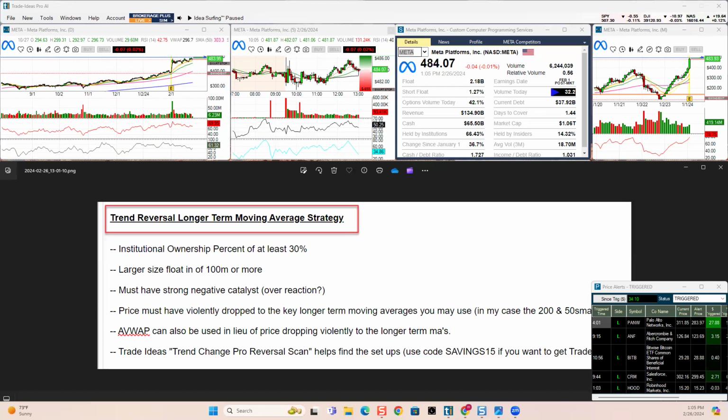But this trend reversal strategy is a perfect setup for when price does run way above those shorter term moving averages I discussed in the last video, and they start to pull back. They can give us a great risk versus reward opportunity trade.